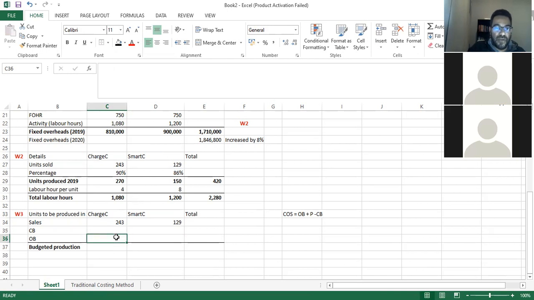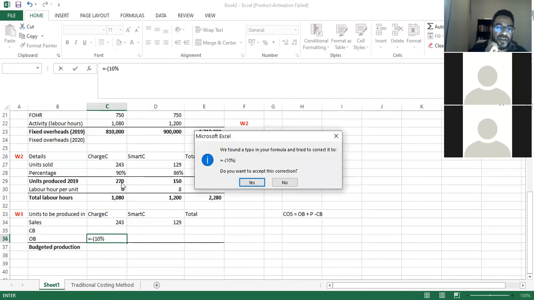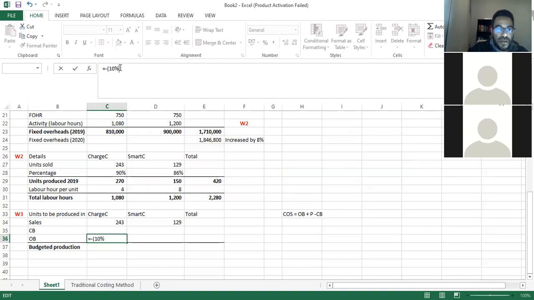Okay, so just take note of that. So here it's going to be negative. So remember, there was 10% left over, multiplied by 10% of what was produced. So that is our opening balance.